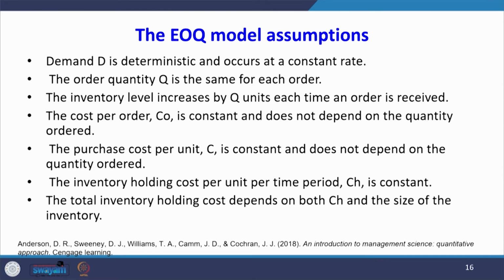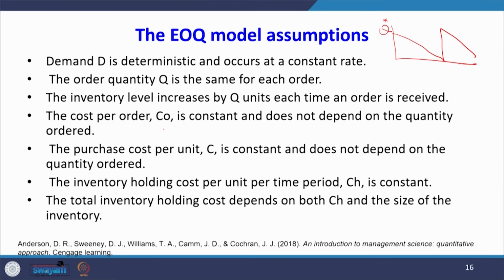Now, we can see the assumptions for the economic order quantity. The demand is deterministic and occurs at a constant rate. The order quantity Q is the same for each order. What I mean is, the demand is constantly decreasing, and the Q star, the economic order quantity, is the same for each cycle.